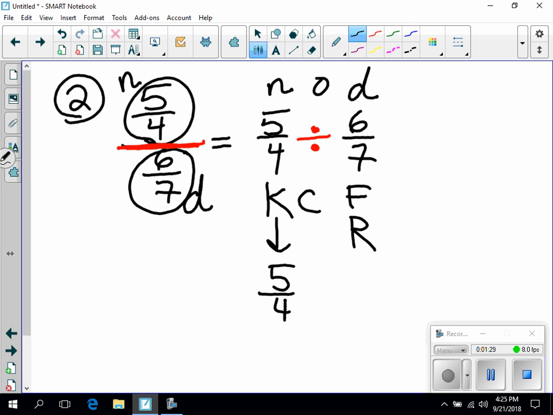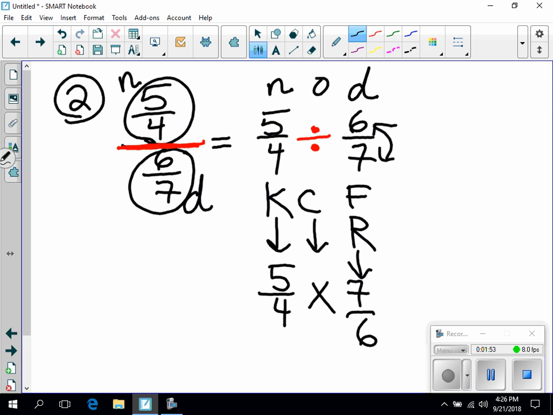It does not change. We change the division symbol to a multiplication symbol. And then we flip the 6/7, which means that we're trading the numerator and the denominator. So instead of 6/7, we're going to record 7/6. 7/6 is the reciprocal of 6/7.